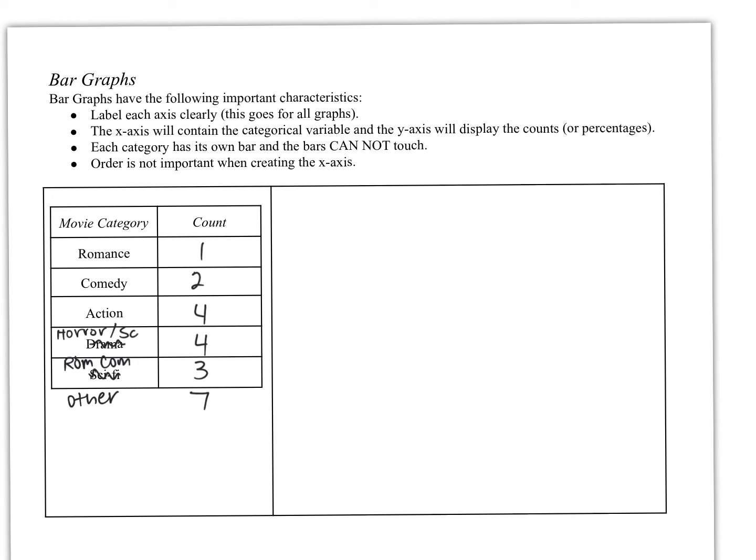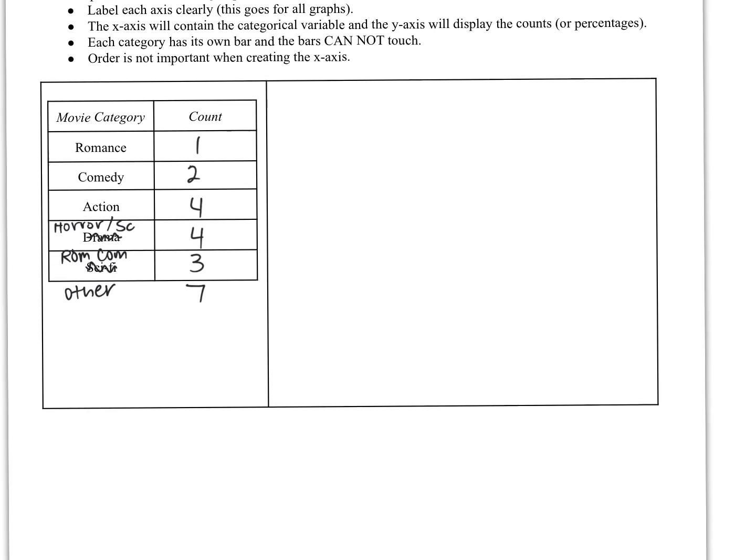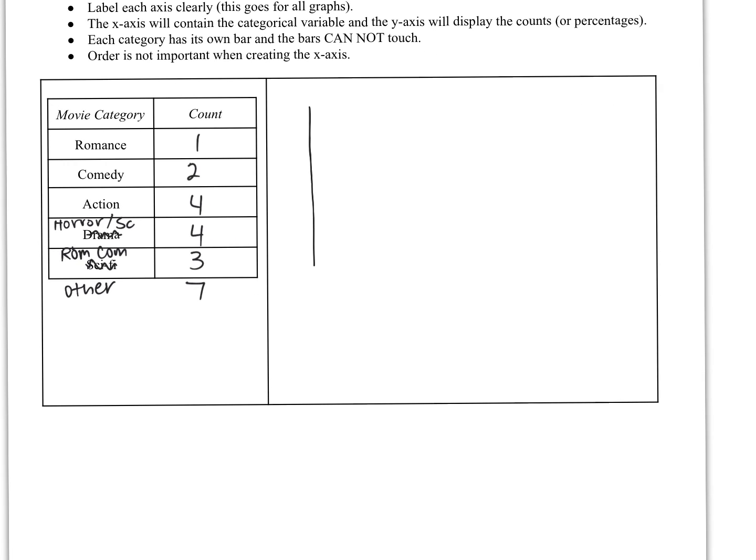So we're going to go ahead and create a bar graph for the movie categories. So I just copied over the data that we had on the previous page, for our movie categories and the count for each category. So I'm going to go ahead and create my x and y axes. My y-axis is going to be my count, and my x-axis is going to be the movie genre.